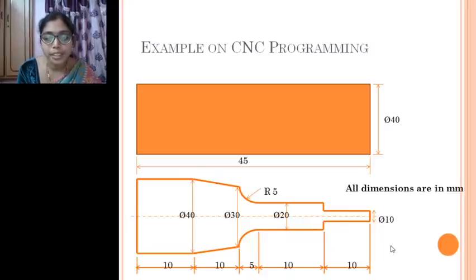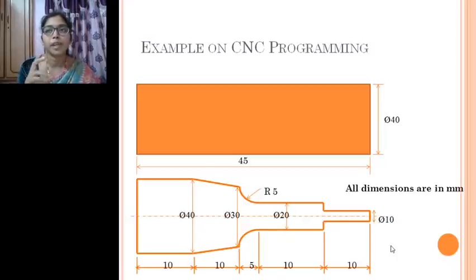Now for this, in a turning operation you might have observed, the most important thing is that if the tool moves only half the distance, then the whole diameter is obtained.